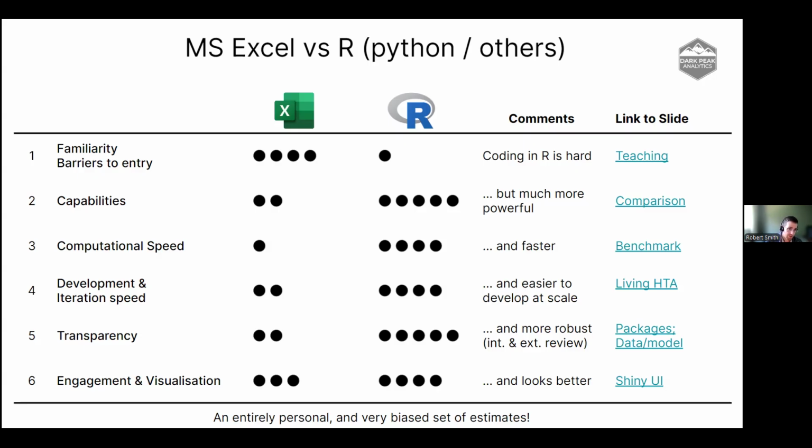It also helps with development, and the way in which once people get well versed with the R programming language, it's much easier to develop and work together on projects using version control software. And it's also easier to make the code transparent, separate from the data.